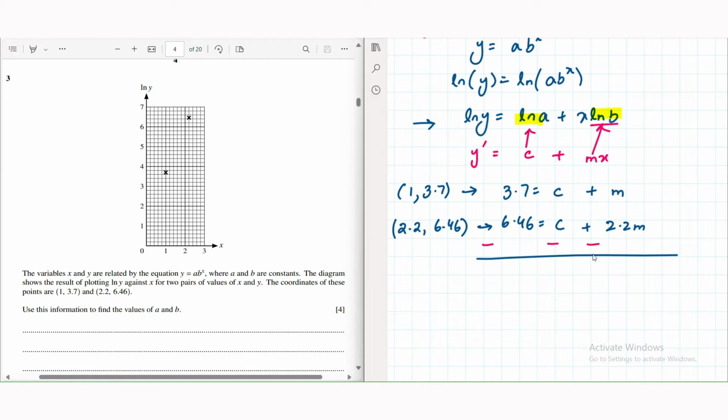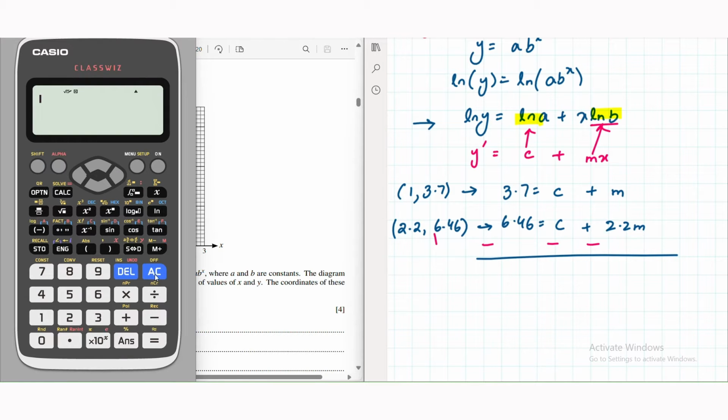So we have 3.7 minus 6.46, that is minus 2.76. This cancels out, and 2.2 minus 1 would be just minus 1.2 m. So divided by minus 1.2, that would be just 2.3.